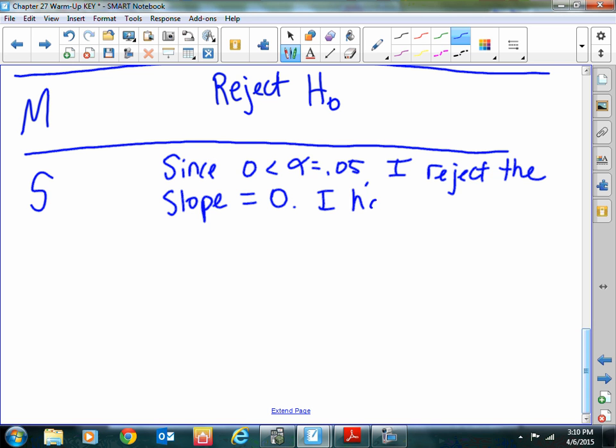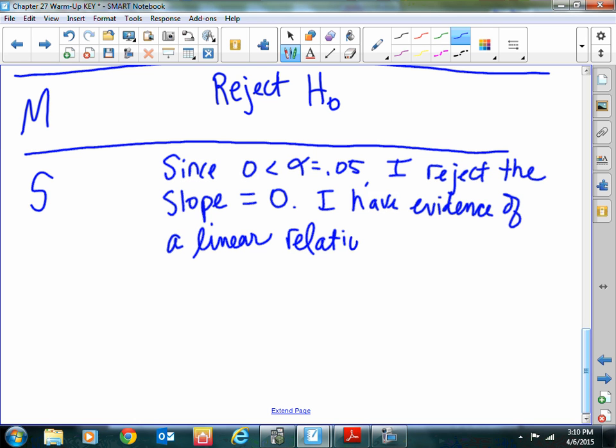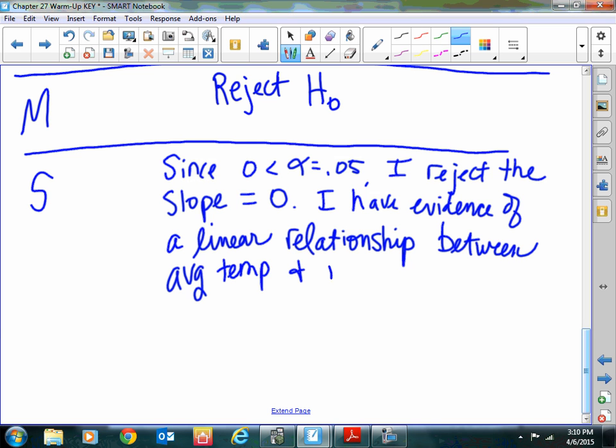I have evidence of a linear relationship between average temperature and electricity usage.